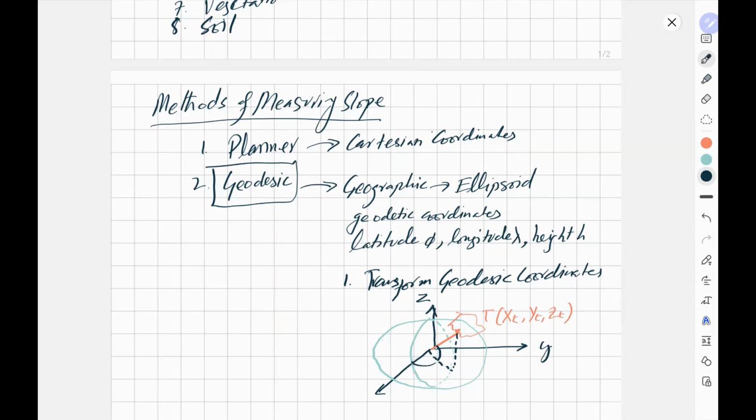Okay, so let's call this as lambda and the vertical one as phi. This lambda is longitude, while this phi is latitude.